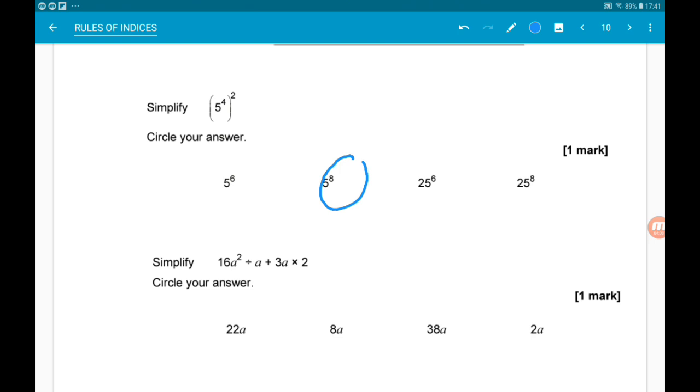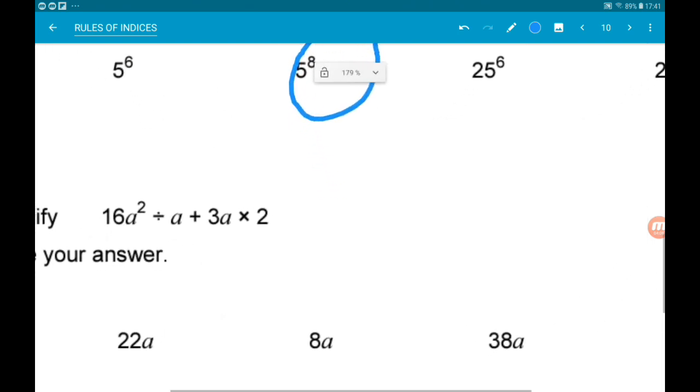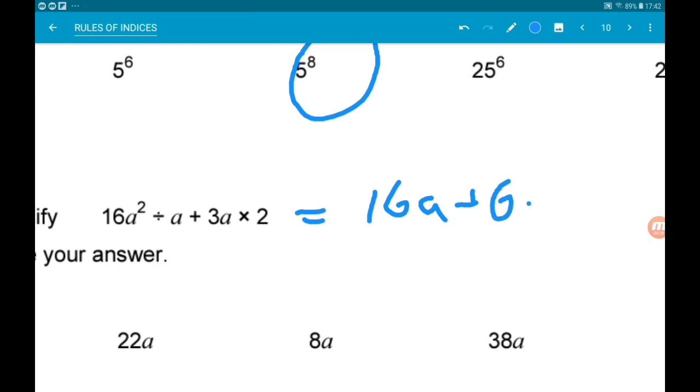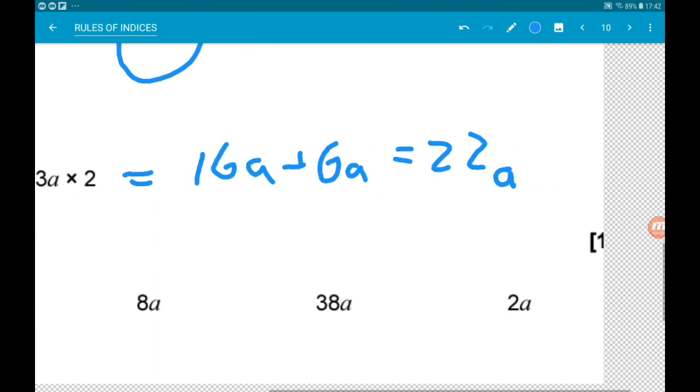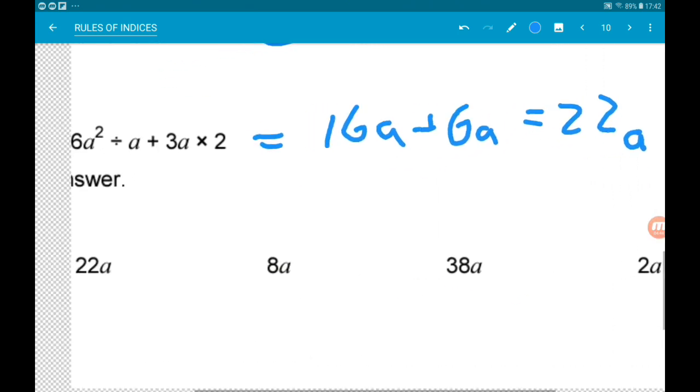So 16a squared divided by a is equal to 16a. And then we have add 3a times 2, so that's 6a. Altogether then, that's 22a. Which is there.